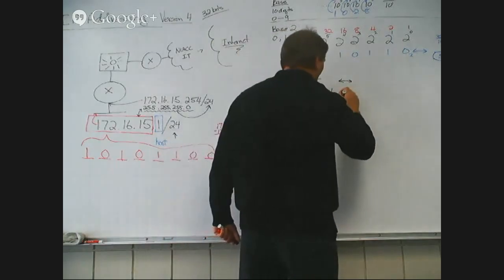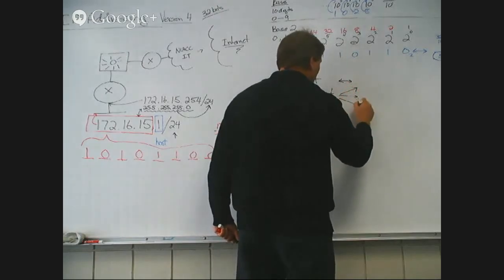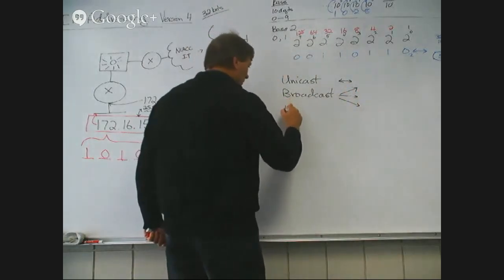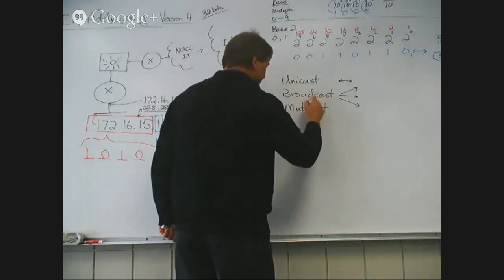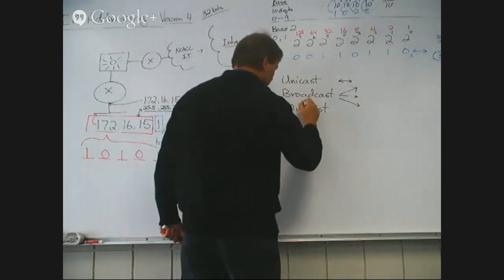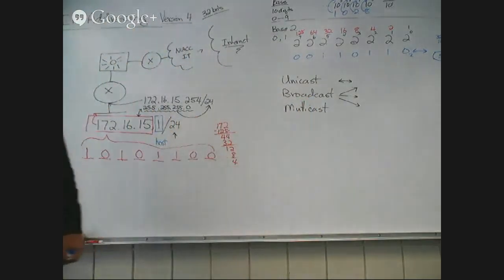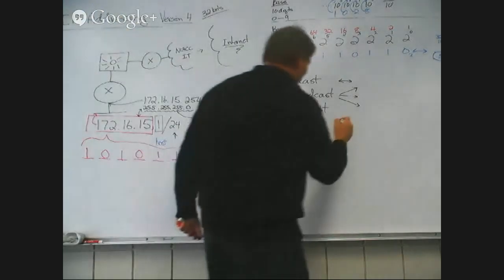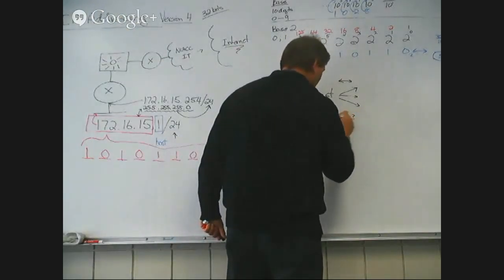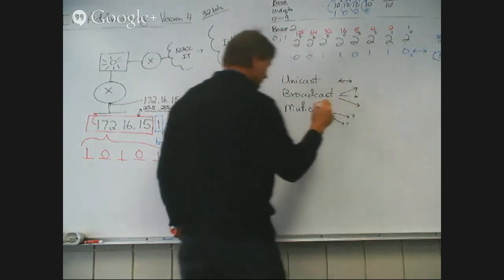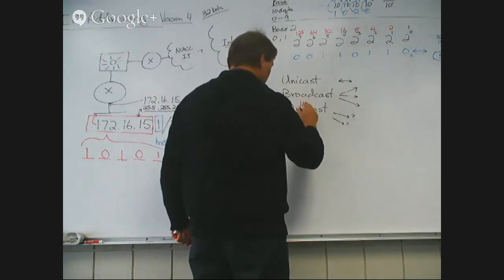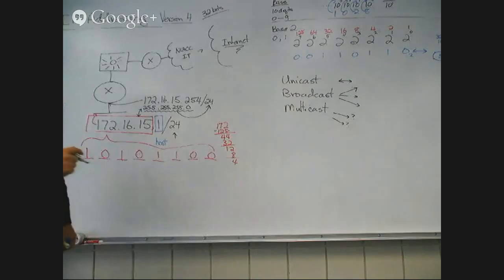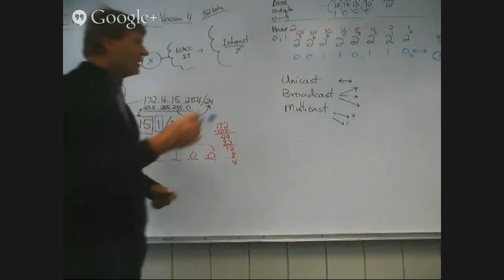That means we're going 1 to all locations, or we can send a multicast, and that's going to just the ones it needs to go to. Multicast. That make sense?